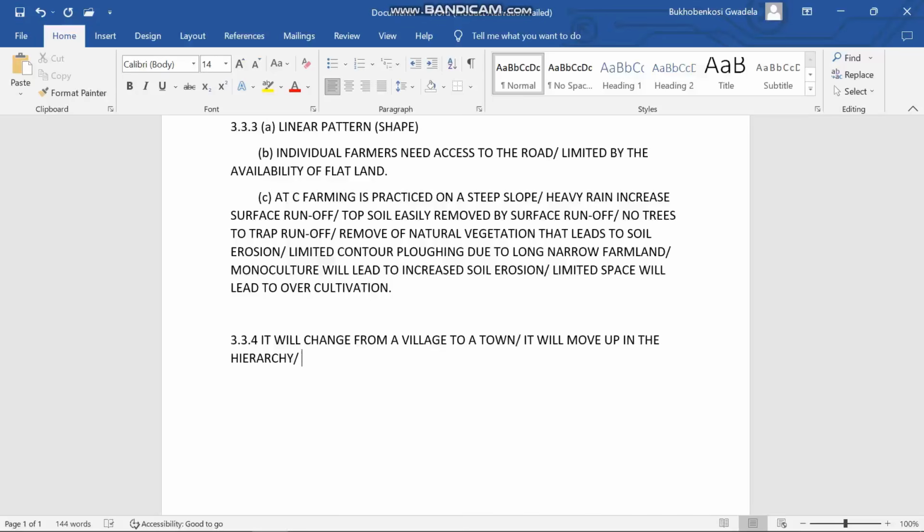Second, you can say the village will be more accessible to the city and could result in counter urbanization.